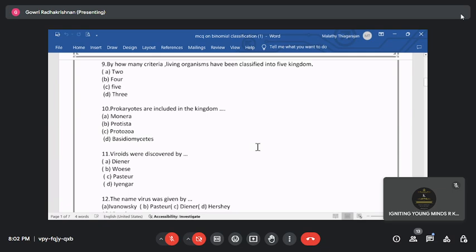Ninth: by how many criteria have living organisms been classified into 5 kingdoms? Five, ma'am. Some books say 4, but name what the criteria are. Cellular organization, mode of nutrition, reproduction, cell structure, and relation.